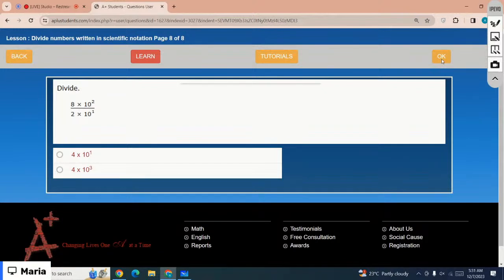The next one is 8 times 10 exponent 2 divided by 2 times 10 exponent 1. So which is the correct option?